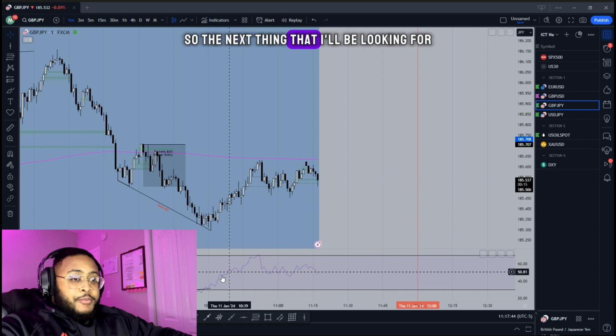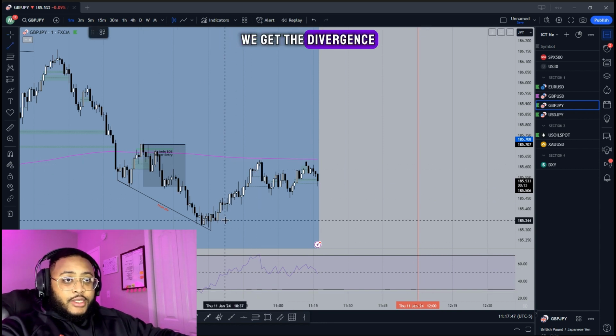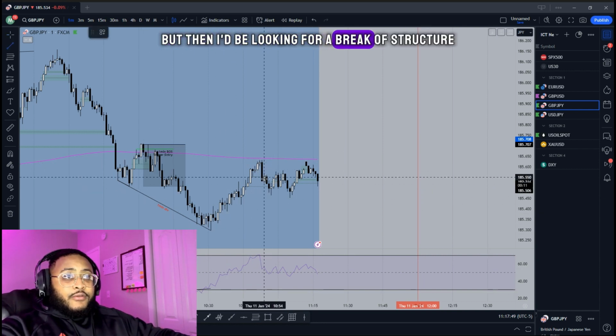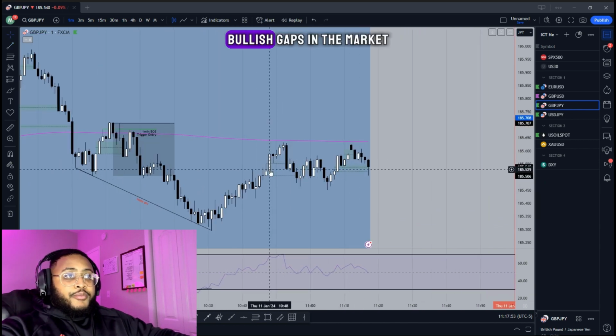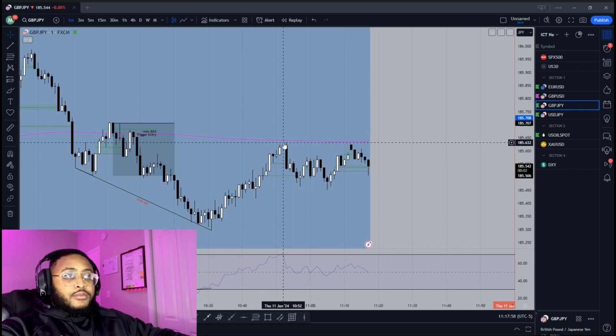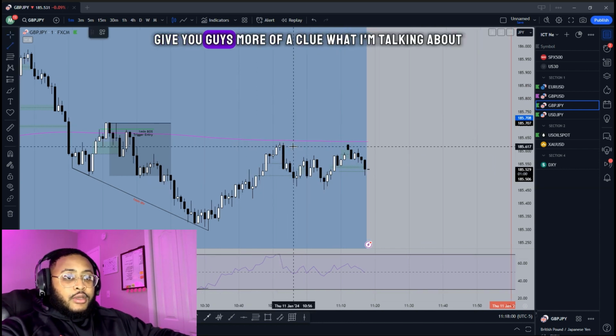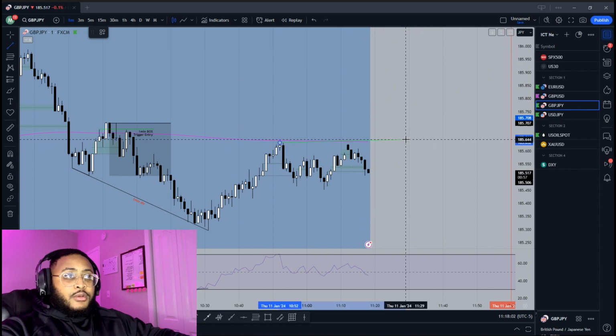So the next thing that I'll be looking for, we get the divergence, but then I'd be looking for a break of structure as price is coming down to fill these bullish gaps in the market. Just to kind of give you guys more of a clue of what I'm talking about.